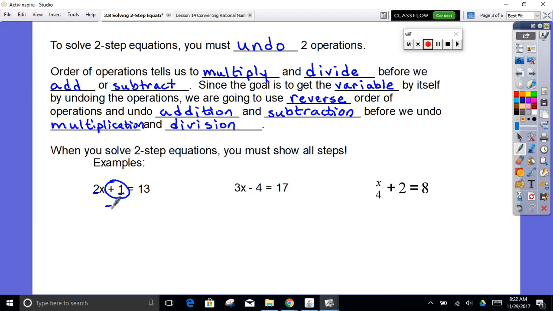So I'm going to show my work by showing that I'm going to subtract 1 from both sides. And I end up with 2x equals 12. Now I have narrowed it down. I have a one-step equation, 2x equals 12. I would divide both sides by 2, and I would get x equals 6.